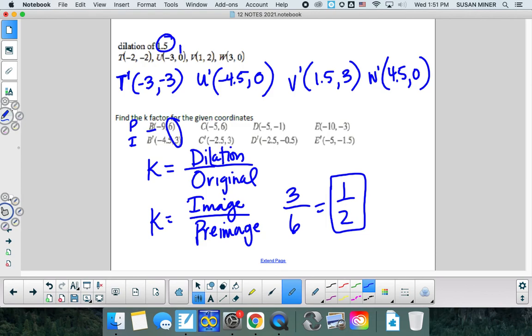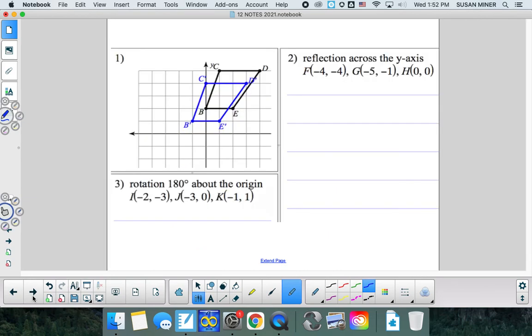All right. So we want to make sure we have that in our notes. On your homework today, you're going to have a combination of all of the different kinds of transformations that we've talked about to this point. So use your notes to help you figure out, if I have coordinates, we can use our coordinate rules.